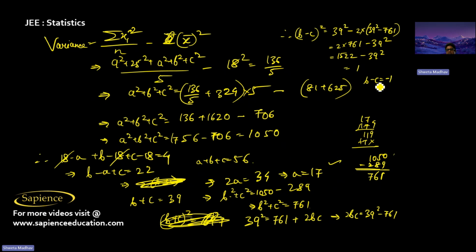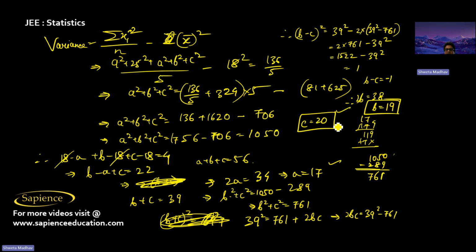Since C is more than B, so therefore 2B will be equal to 38. So B will be 19, then C will be equal to 20.